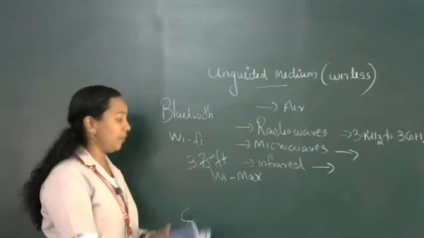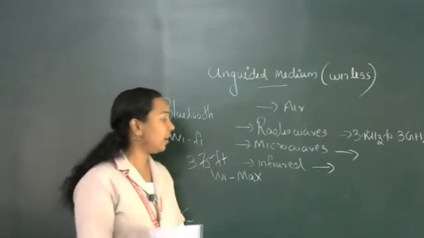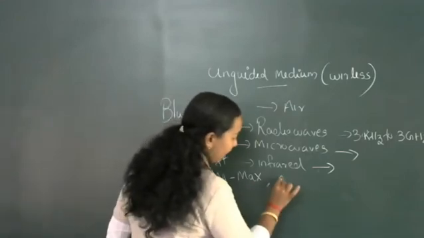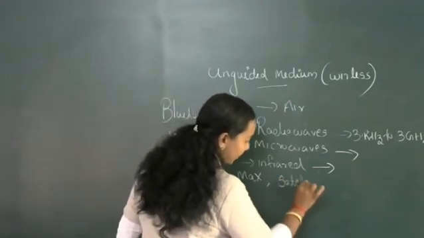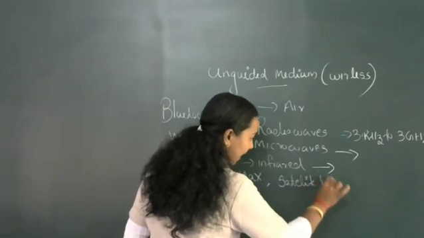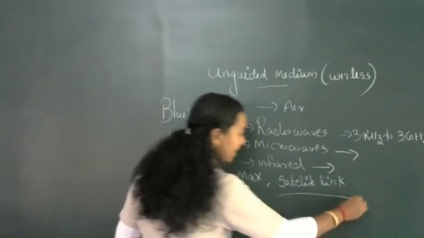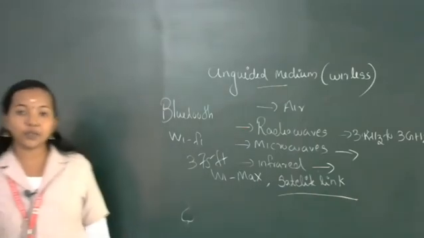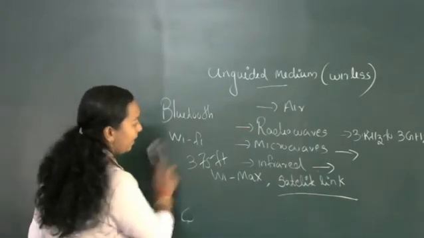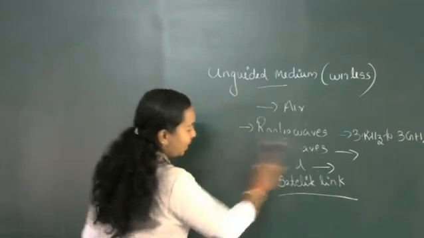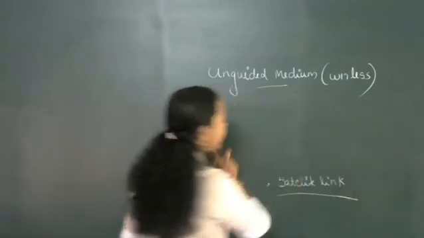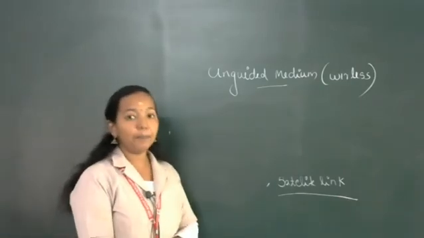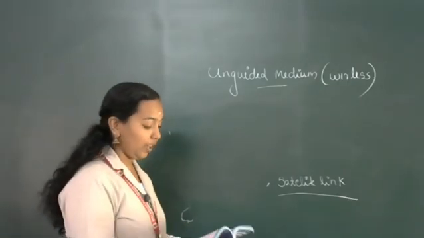So these are the devices that use radio waves. Then one more is present, that is known as satellite link. Satellite link also uses radio waves for transferring data, but there are some important aspects in satellite. In satellite there will be two stations, base station and also ground station.